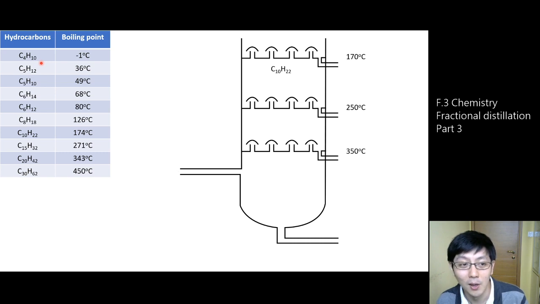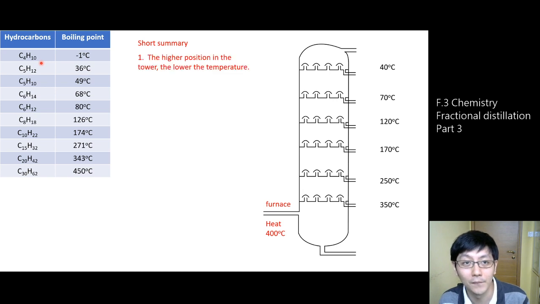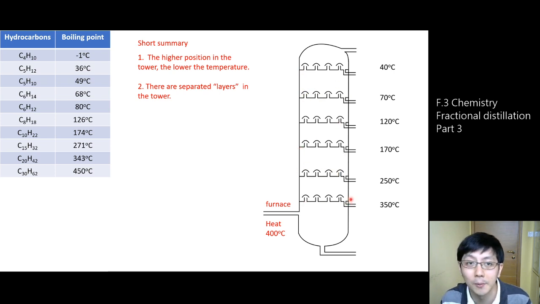Okay, for the next hydrocarbons, I'm not going to work them out one by one, but you can work it out by yourself. Before you work out their relative positions, I would like to give a very brief summary of what we have discussed. First, in this fractionating tower, because the furnace is located here, the region closer to the furnace will have a higher temperature. The region further away, the higher position, will have a lower temperature. Second, because of the design of the bubble cap, there are different separated layers in the fractionating tower.